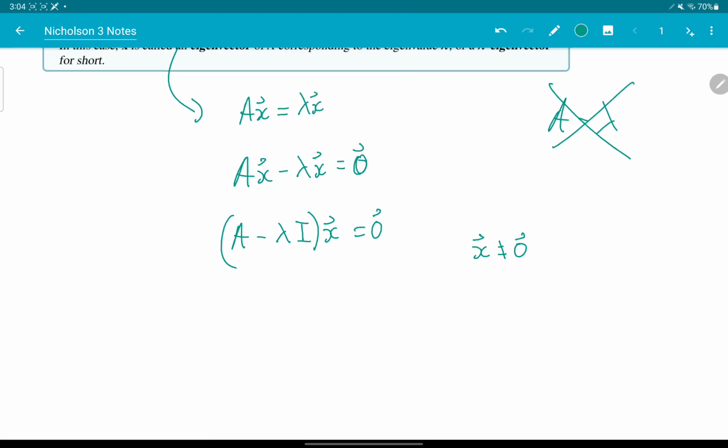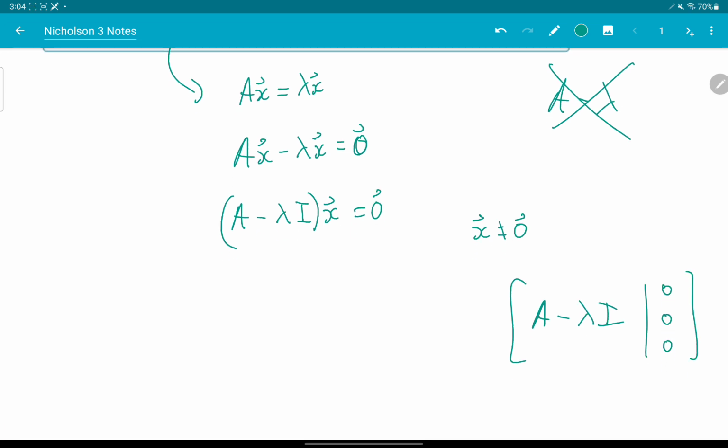We have seen, or you can probably think about this, that if you have a homogeneous system, like A minus lambda I, and let's say it's 3 by 3, whatever, the only way this is going to have a non-trivial solution is if A minus lambda I does not have 3 pivots, right? I need there to be a free variable appearing over here.